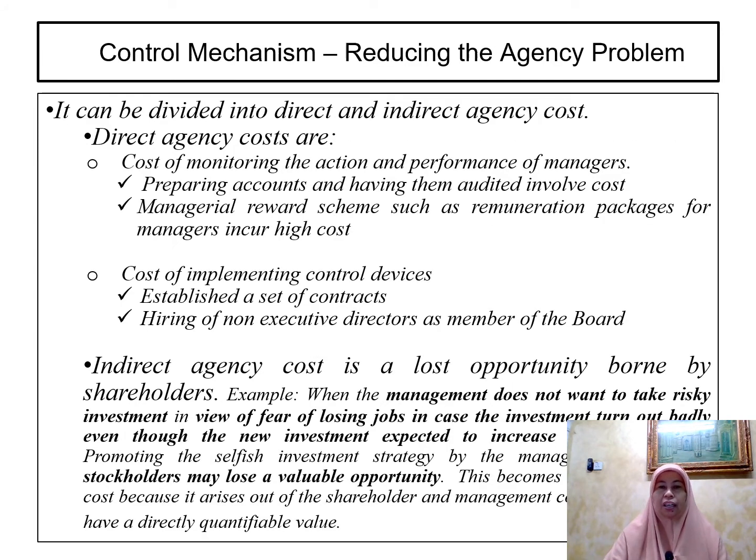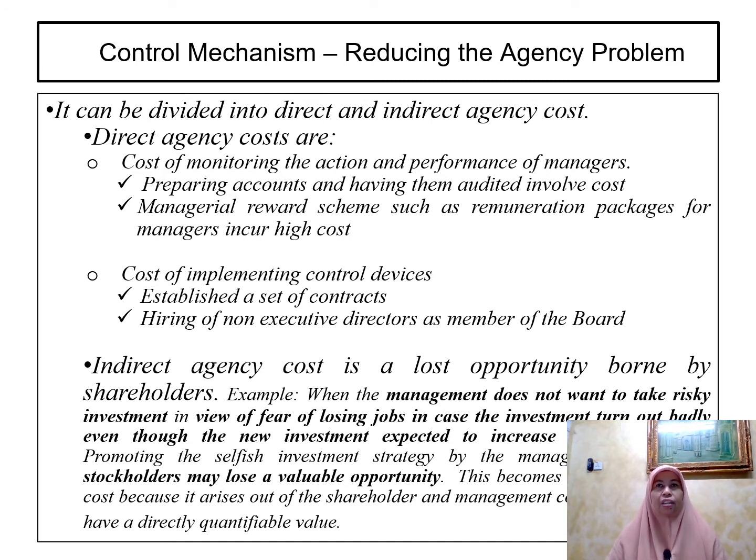Okay. Next, the agency costs can be divided into direct and indirect. So what are the direct agency costs? Normally, this is the cost of monitoring the actions and performance of managers.